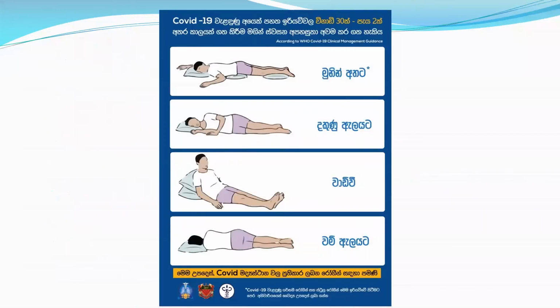Let me show you some pictures on prone position. The first picture shows how awake proning is done. There has to be a pillow under the pelvis. The purpose of keeping this pillow under the pelvis is to avoid the tummy being compressed against the bed, so that the liver does not exert pressure over the diaphragm as well as on lung parenchyma.